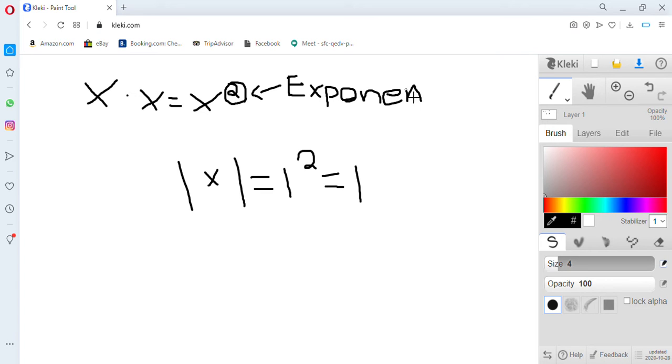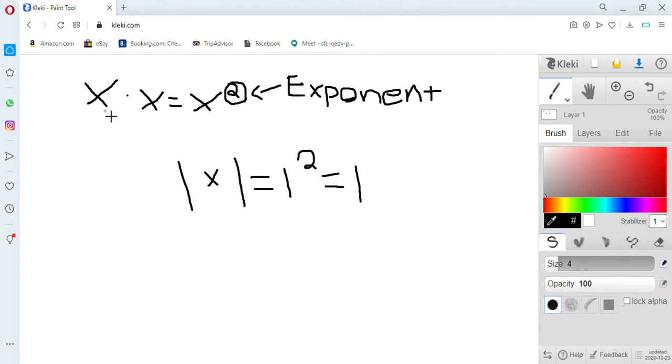I'm drawing a little sloppy, but I'm doing this on my computer. This is an exponent right here, and this is the mathematical element. So this is why x times x is x squared.